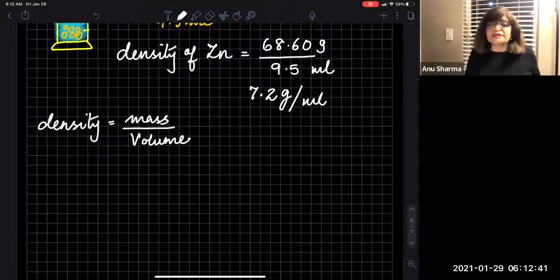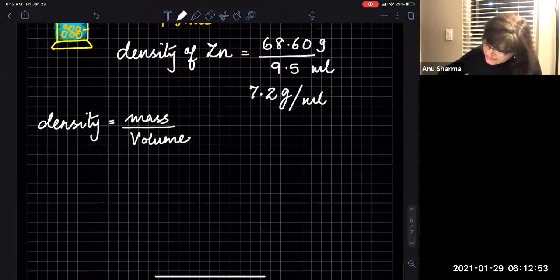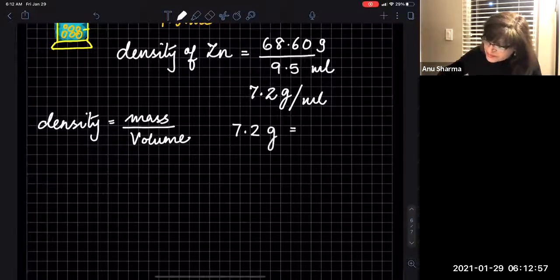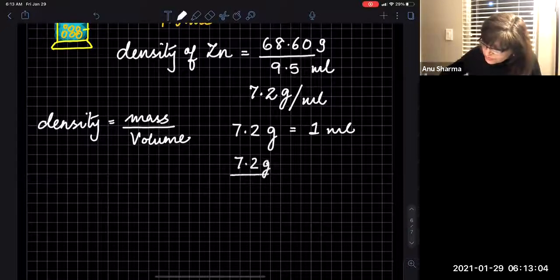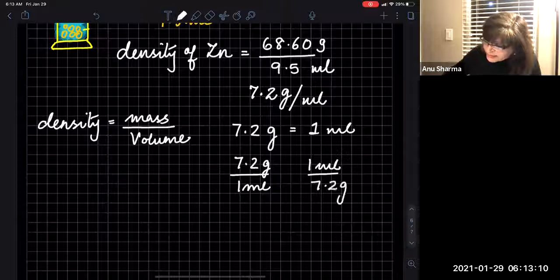If you know the density, you can find either a mass or a volume. When we say 7.2 grams, it means 7.2 grams is equal to 1 ml. And then the other equality becomes 7.2 grams over 1 ml or 1 ml over 7.2 grams.